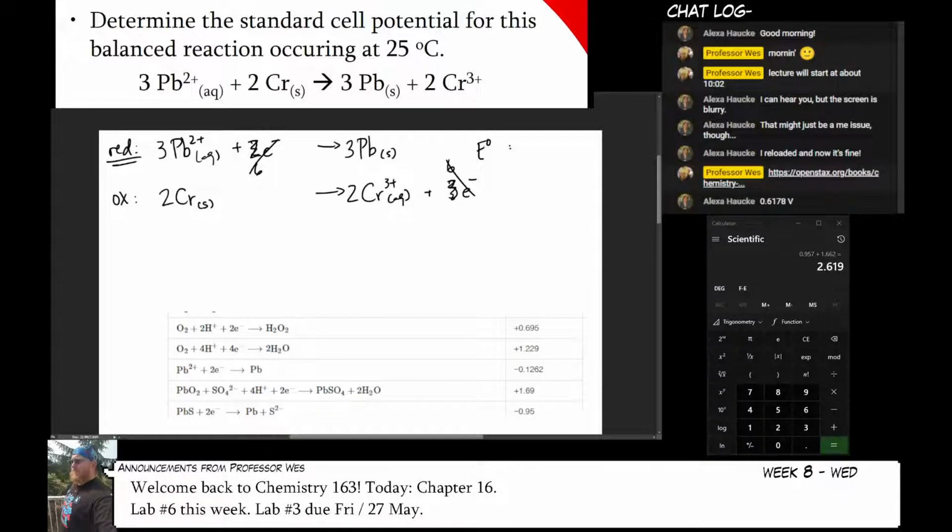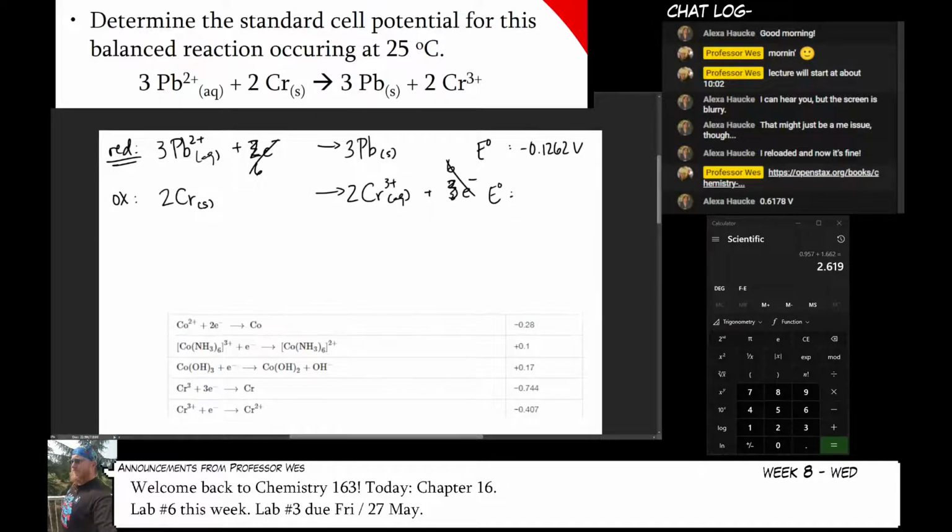Sorry, I realize you can't hear me cough, and then suddenly I'm apologizing. So E for this is, I can't read this number, negative 0.1262? And then we've got to look up chromium, but chromium 3+ turns into chromium metal.